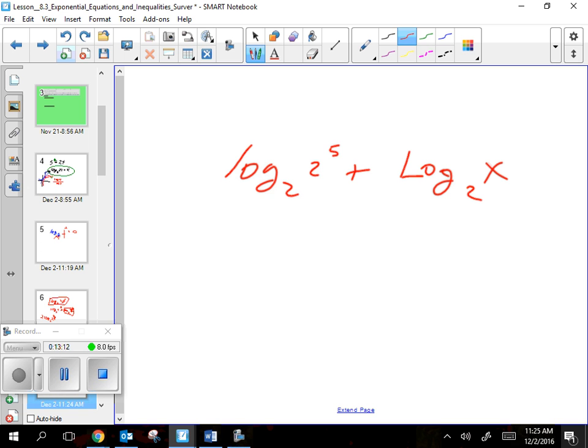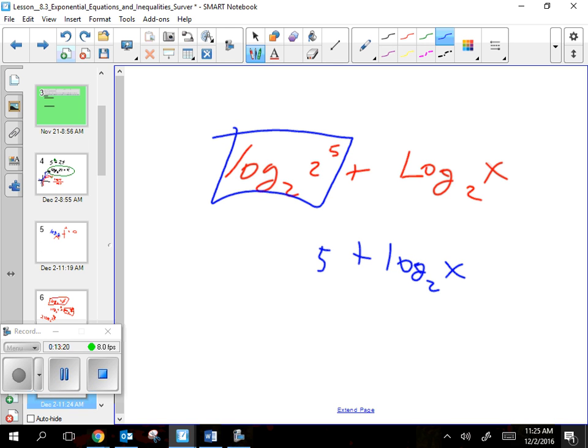So what should I do now? Yeah, this becomes 5. I'd say 5 plus log base 2 of x. I know that seems strange because the goal was to expand it, and this makes it smaller, but the directions are expand and simplify. So wherever you can, if you ever get something like this that's just a number, then simplify it.